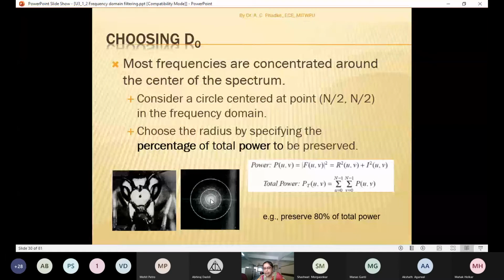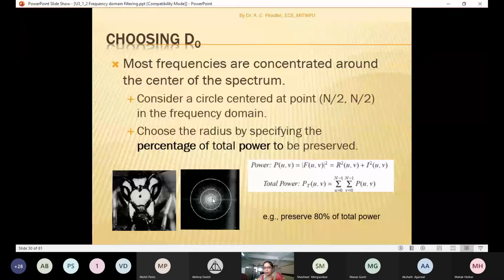As you go on increasing the radius, you are retaining more and more high frequency coefficients, so you are reducing the blurring. As you add more and more high frequency components, less and less blurring takes place.